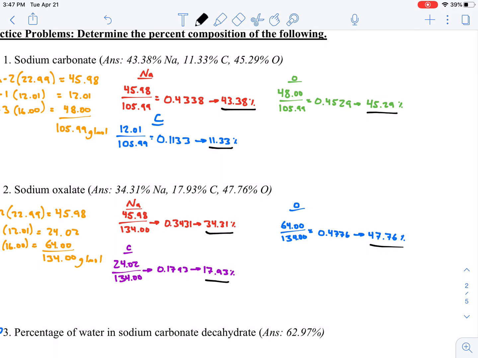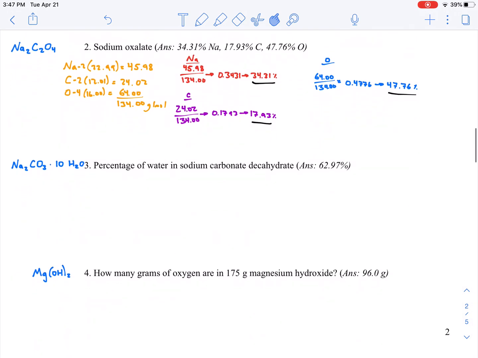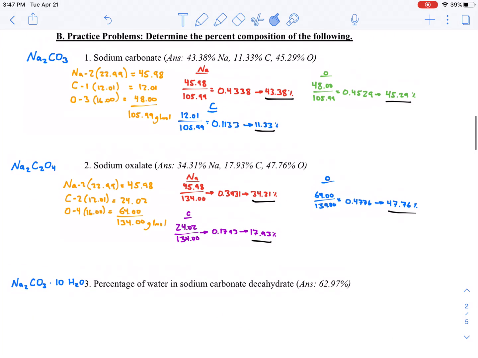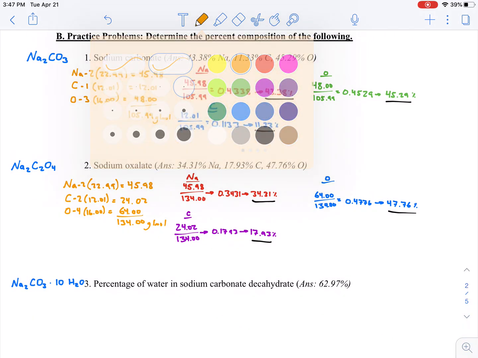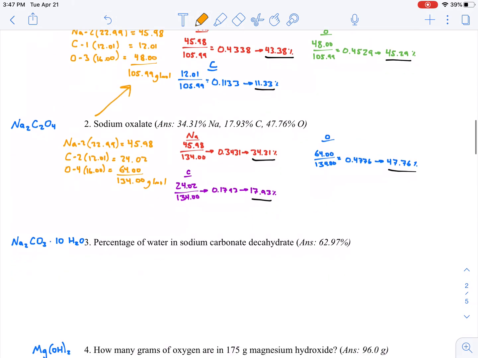Now, what if we wanted to take things a step further? What if we wanted the percent of water in this compound, sodium carbonate decahydrate? Well, there's good news for us, which is that we've already done a little bit of this work already. So we've already done sodium carbonate, right? We said up here that sodium carbonate has a mass of 105.99. So you can recalculate out the math for this Na2CO3. But because we already did that, we can just plug that in here.